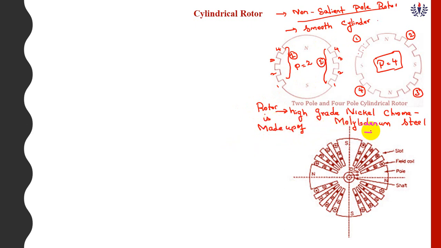Since it is a distributed type, and because of this material, there will be very little loss. Less losses are available compared to the salient pole structure.